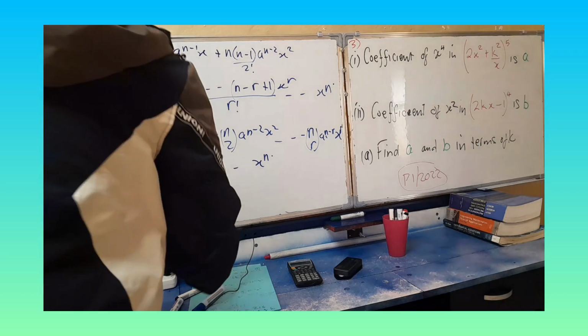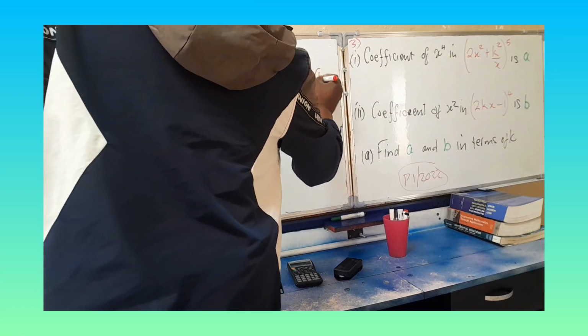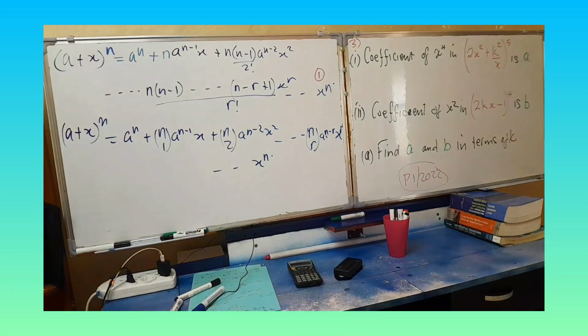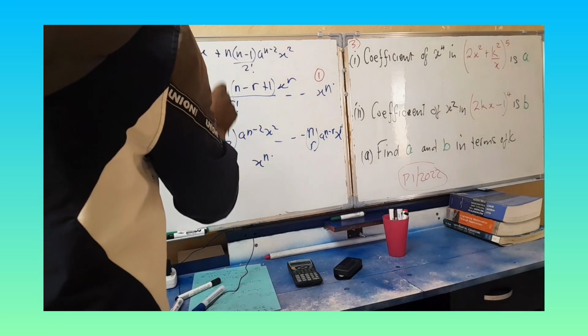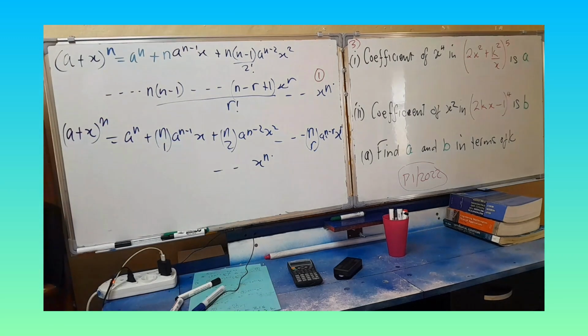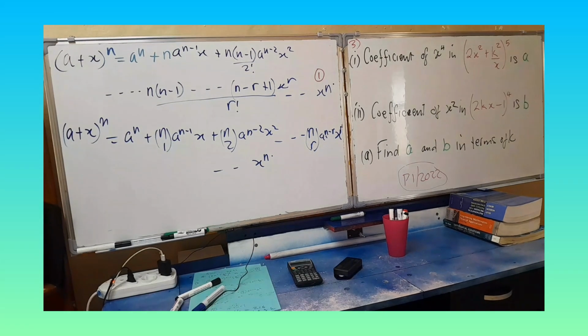Now, this first form of the binomial theorem is suitable for when we want to expand a series to a few terms, for example. The second form here is used when we want to find the coefficient of a particular power of x.